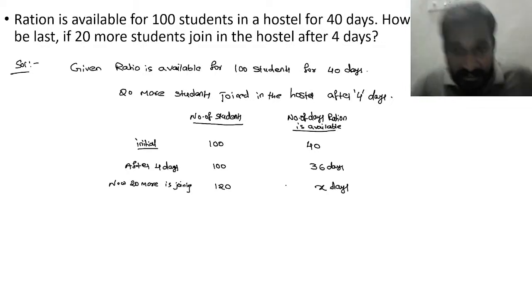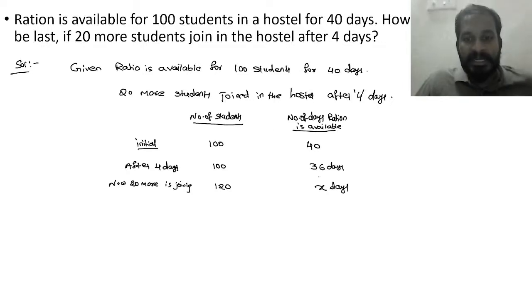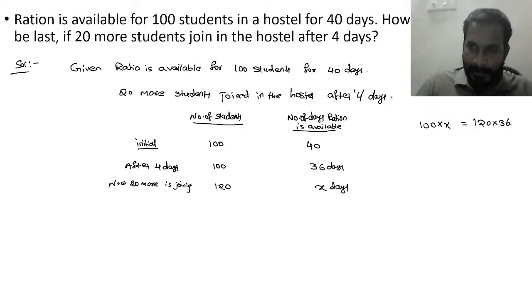See students, one thing I want to make clear. Here the days and the number of students are inversely related. One common mistake every student will make is, after writing in this manner, directly cross multiplying. That means 100 into x is equal to 120 into 36.